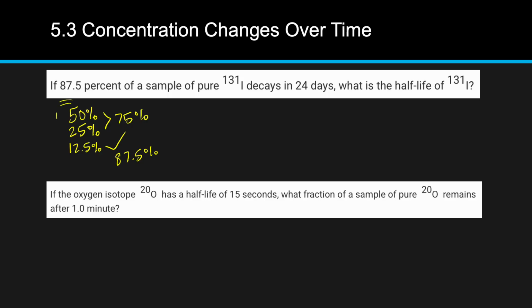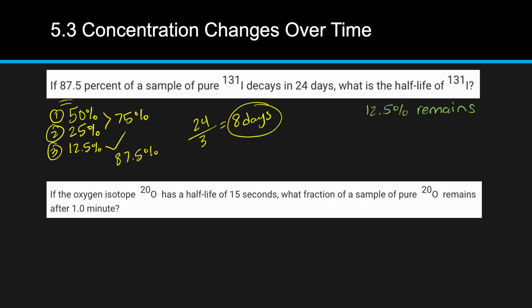So now I can see I had 1, 2, 3 half-lives. And so if I have 24 total days divided by 3 half-lives, each half-life was 8 days long. So that is the answer to the question. AP kind of describes it in a different way. So in this first example, if 87.5% of the sample decays, that means that 12.5% of the sample is remaining.